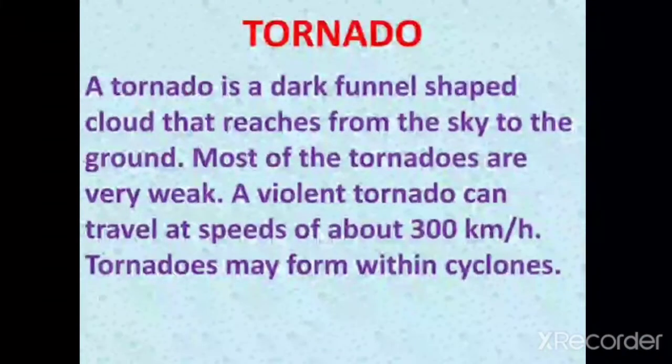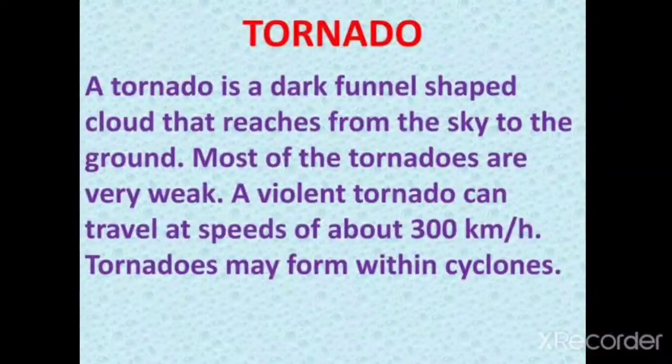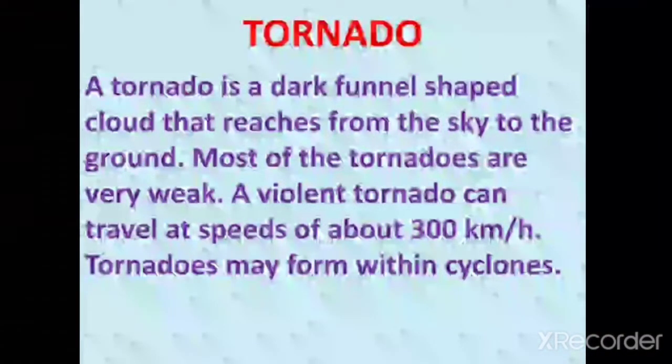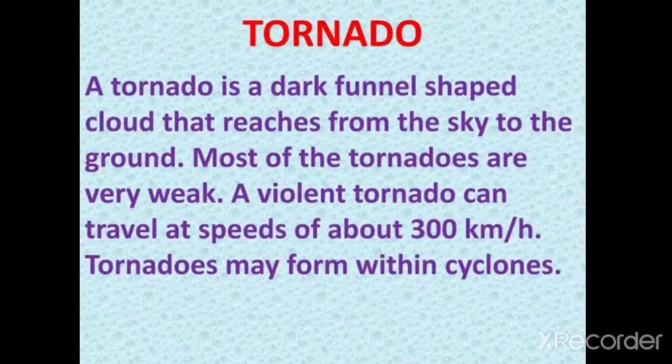So basically what do we mean by the term tornado? Here is the definition: a tornado is a dark funnel shaped cloud that reaches from the sky to the ground, and most tornadoes are very weak. Over here just a simple definition is given to you, that it is a dark funnel shaped cloud.